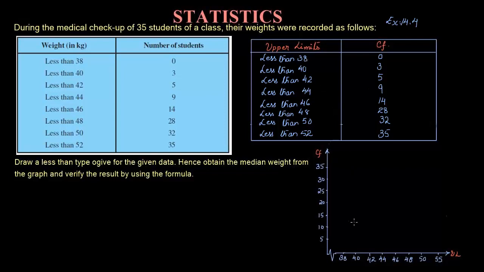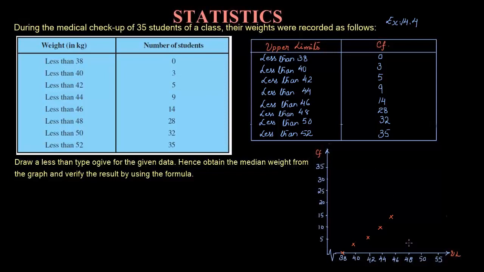So for 38 it is 0, then for 40 it is 3, then you can observe for 42 it is 5, then for 44 it is 9, right? So let me just mark that. Then for 46 it is 14, then for 48 how much is that?